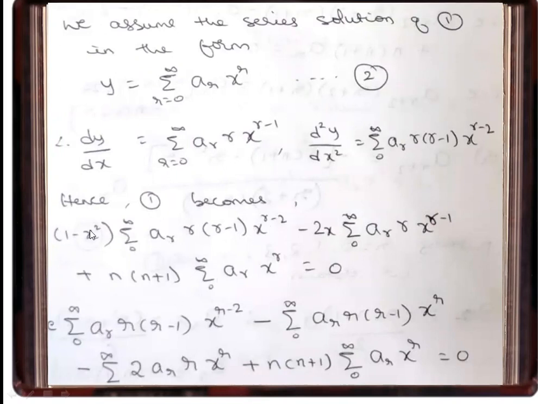Next we multiply x square to this summation, so we get minus summation of a suffix r, r into r minus 1 into, here we get x to the power r. Here you can observe it is x to the power r minus 2 and you are multiplying x square. So x square into x to the power r minus 2, what will happen?